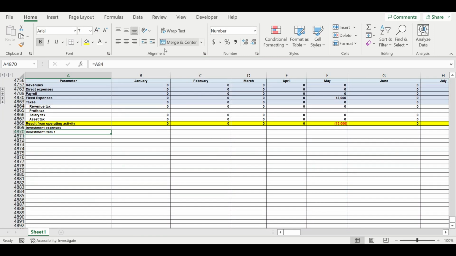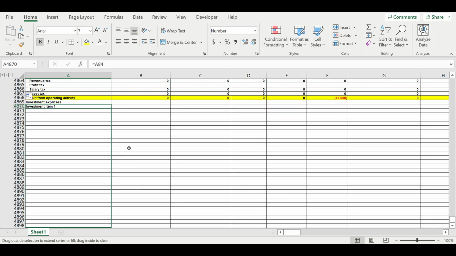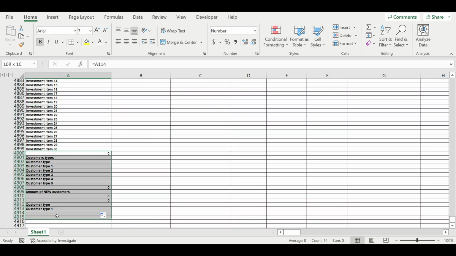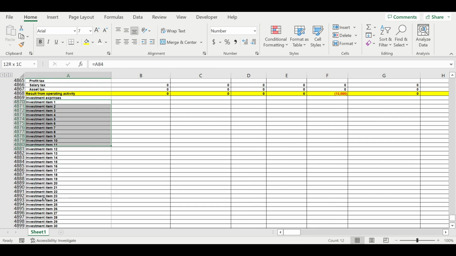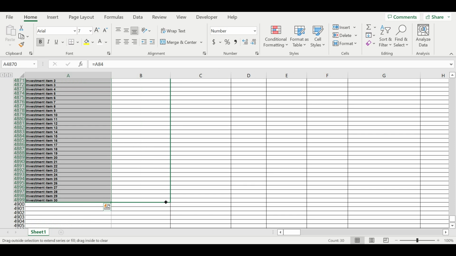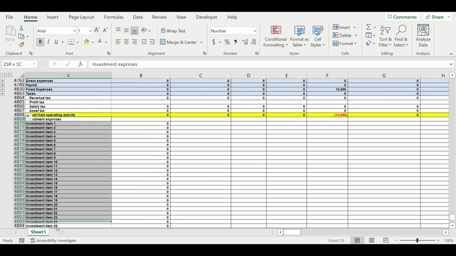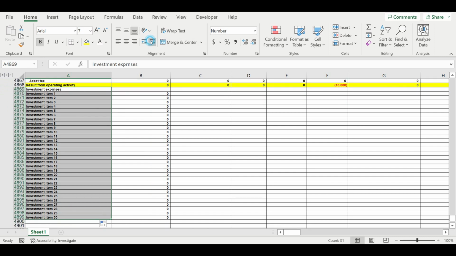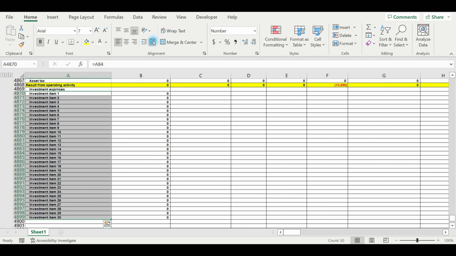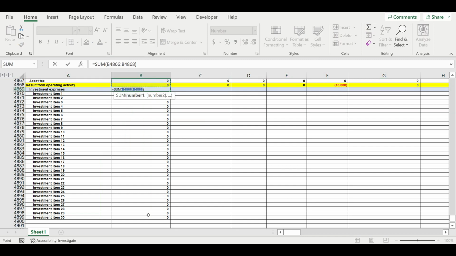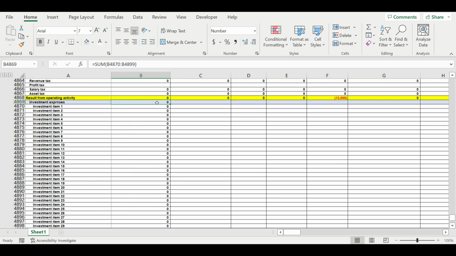So this is our investment plan. Now I'm creating a total from this group of lines. Then the next step, I will extrapolate it.